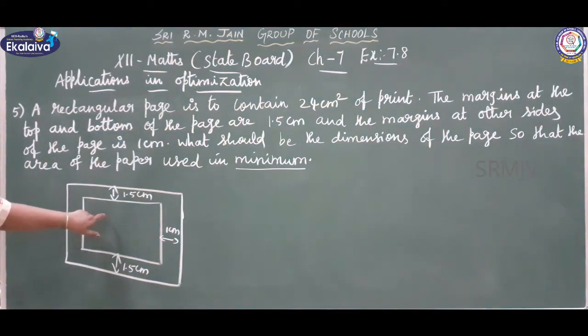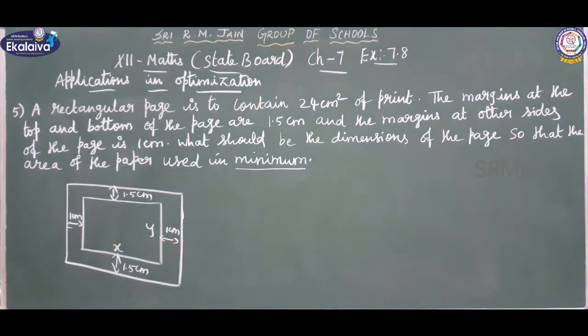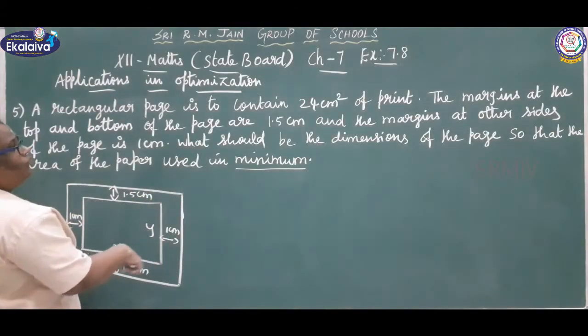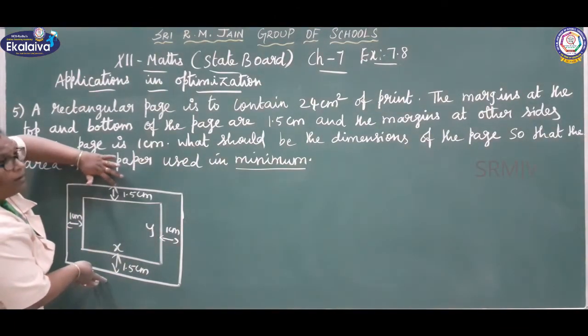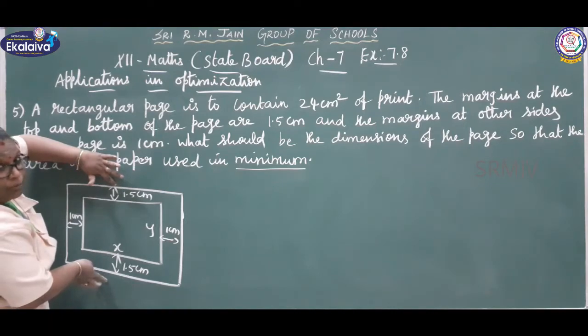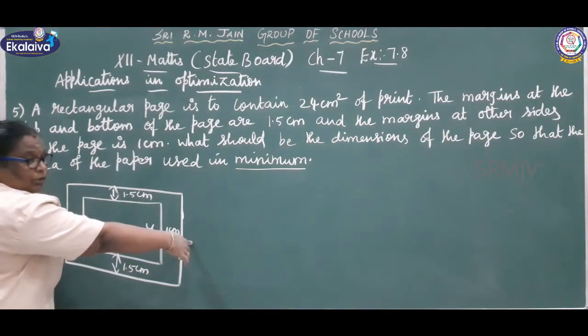See the inner rectangle, that is, the dimension of the inner rectangle is x, y. Let x and y be the length and breadth of the rectangular field. Now the new dimension of the page. See, this is in a what position? Vertical position. So the y value is in a vertical position, and x is in a horizontal position.